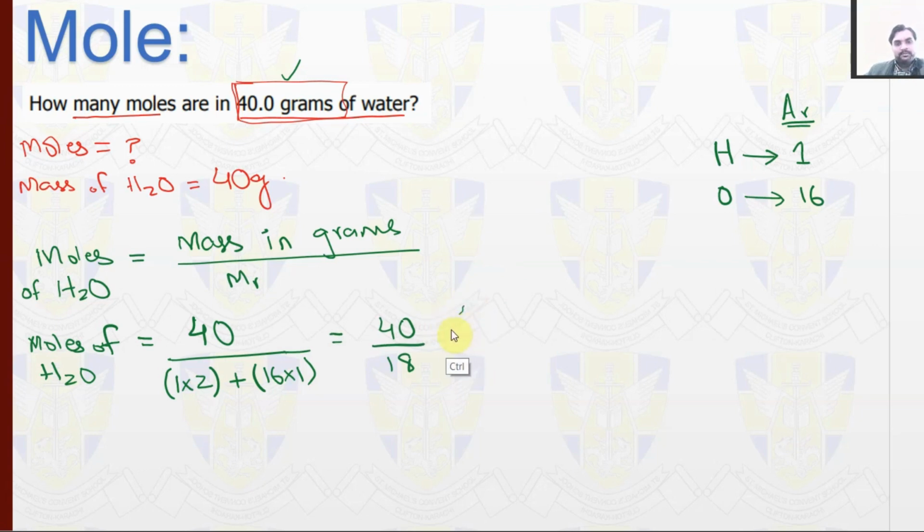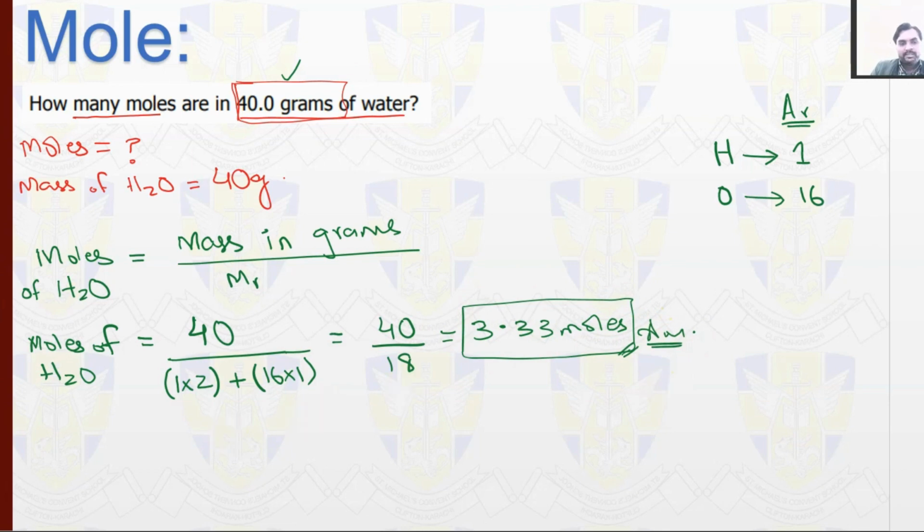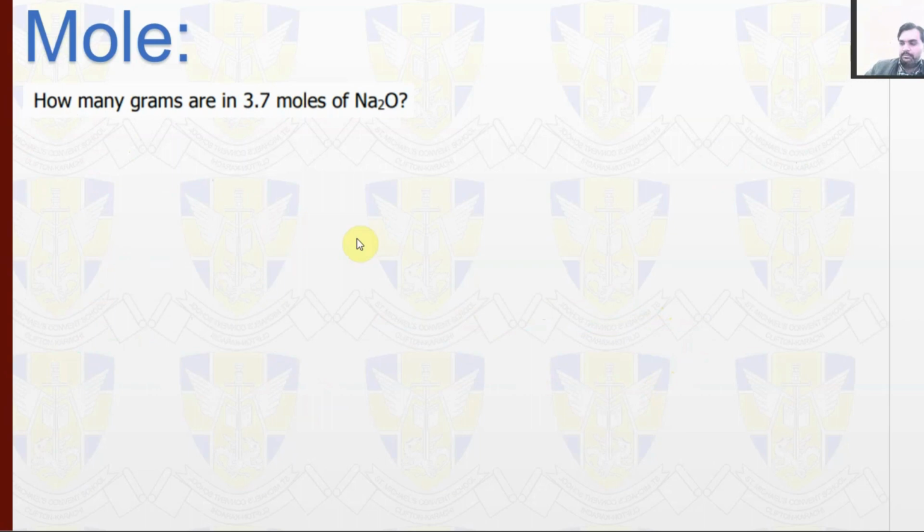So the answer you are getting is 3.33 moles, and obviously the unit would be moles. So this is your final answer for this, right? So it's a very simple question. I hope it is clear to each and every one of you. Now let's move on to our next question.